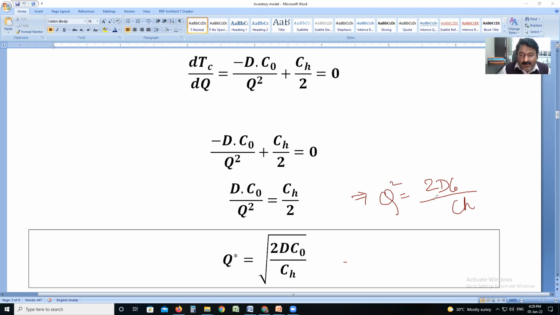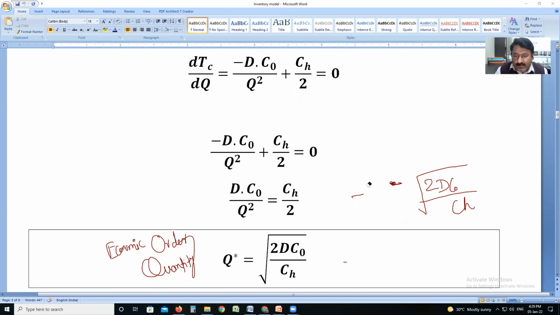Therefore, Q is equal to under root of 2 D CO divided by CH, and this is EOQ. Therefore, the Q will be replaced by Q star. Here I will mention economic order quantity. So this is nothing but economic order quantity.